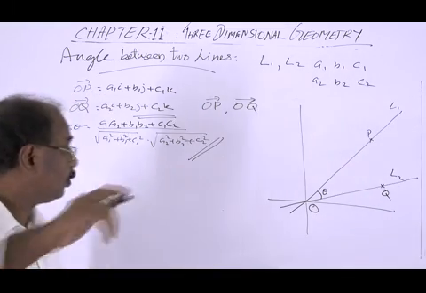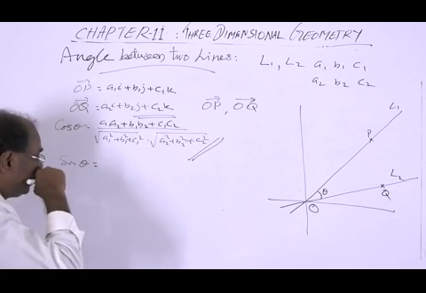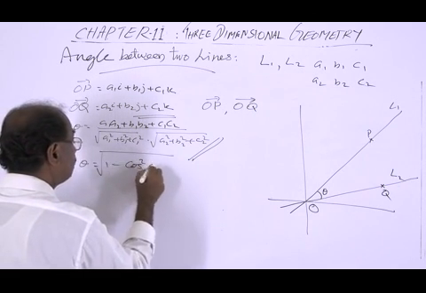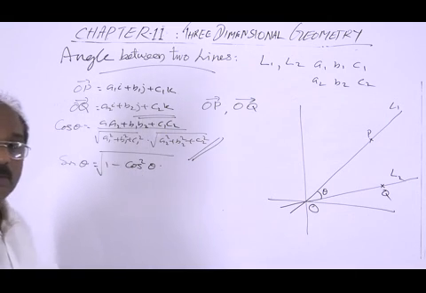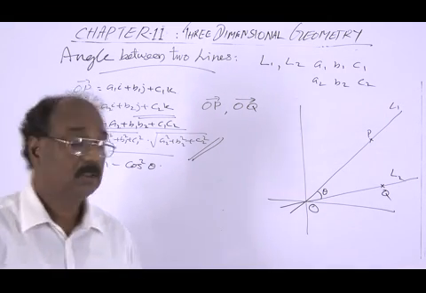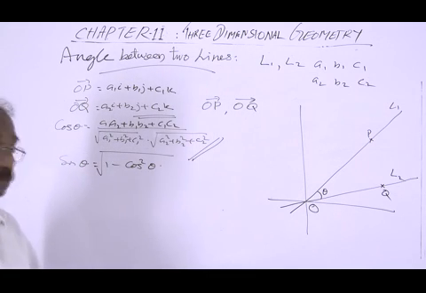For this, we have sin theta equal to root of 1 minus cos squared theta. 1 minus cos squared theta is sin squared theta, and therefore root of sin squared theta, which is sin theta, is equal to root of 1 minus cos squared theta.